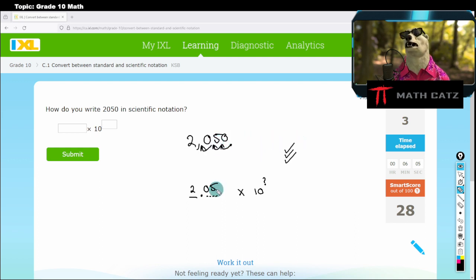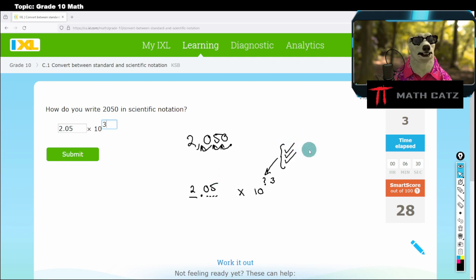If the only digits that are left after the 5 are all zeros, then I don't need to write them. Now, how many? This says I have 3 tens I have to multiply by. So we'll write our number here as 2.05 times 10 to the power of 3.